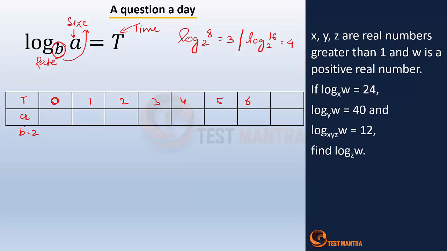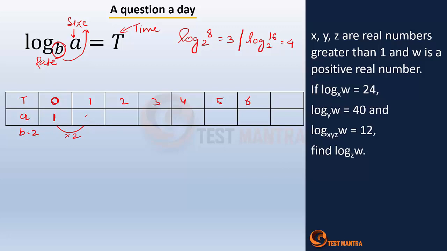So now you can identify that presently my size is nothing but 1. Suppose my size is 1 presently, and I am gaining my size in terms of multiples of 2, or else my size will be double of the previous size here.